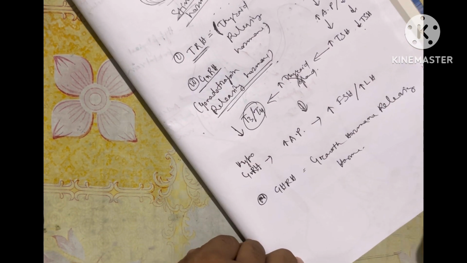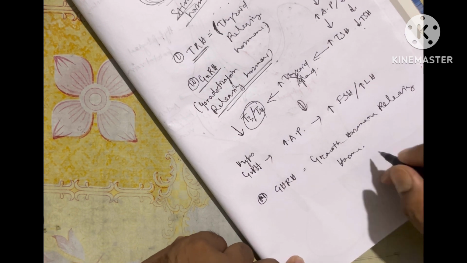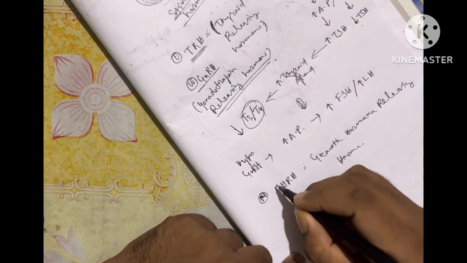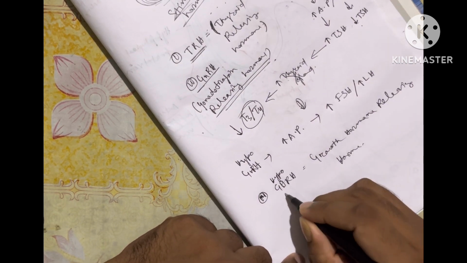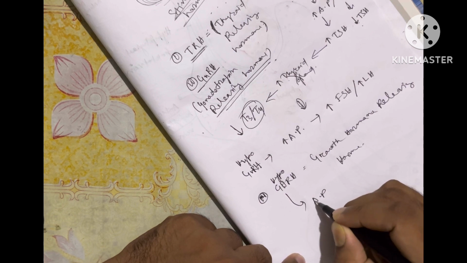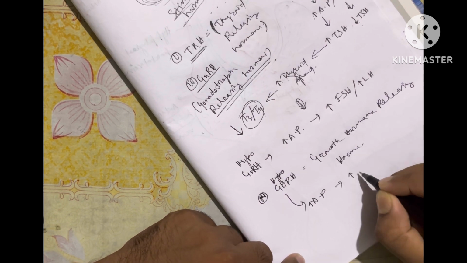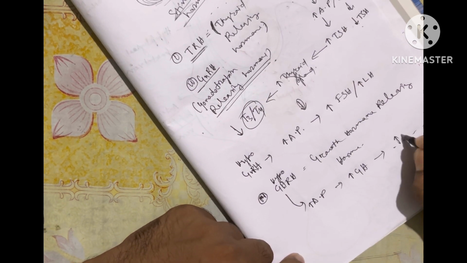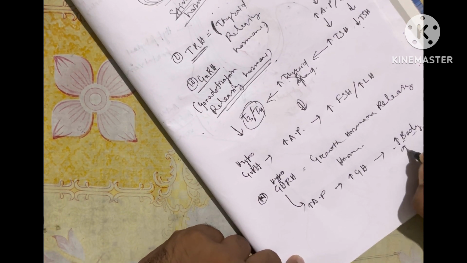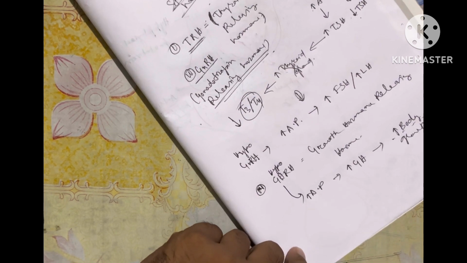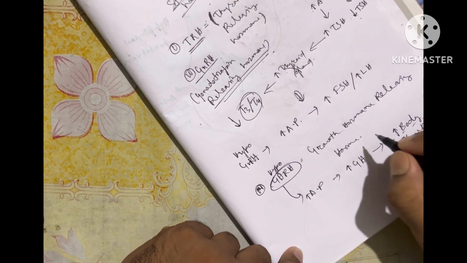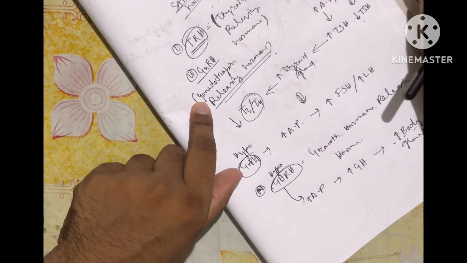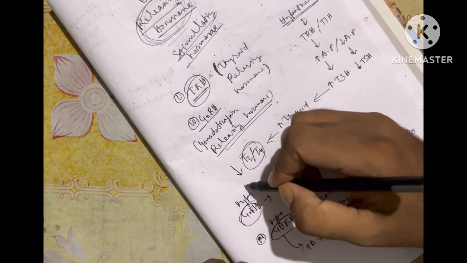So growth hormone releasing hormone, which is also released from the hypothalamus, will act on the anterior pituitary, then the anterior pituitary will increase the production of growth hormone and the body growth will increase. So GnRH will be released, GHRH will be released, TRH will be released. This is 1, 2, 3.